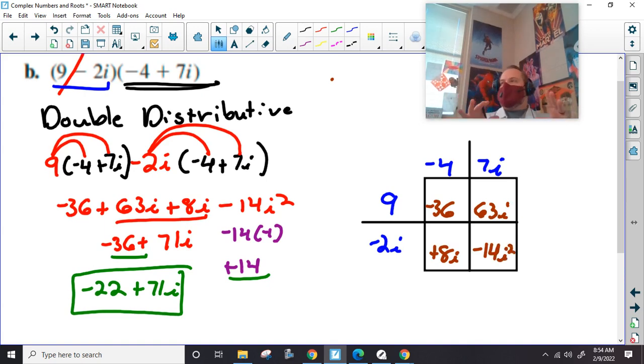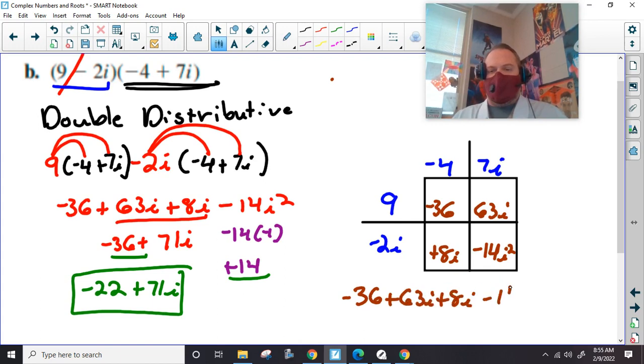Some people like the box method because they can organize it better. You're going to get the same answer either way. And what I have written in brown is what I have up here in red before I simplify it. That's it.